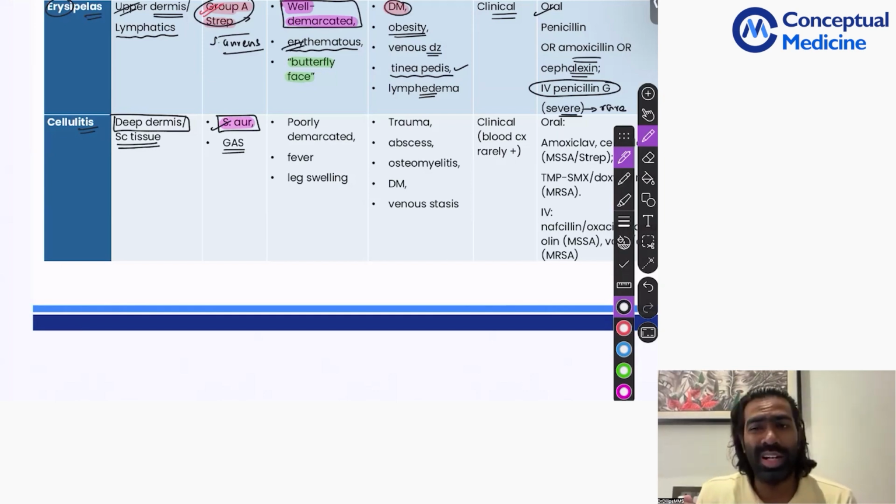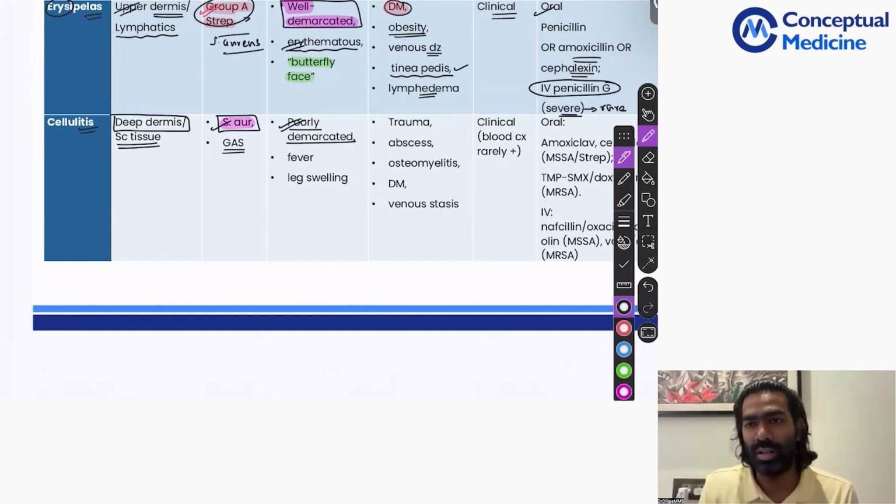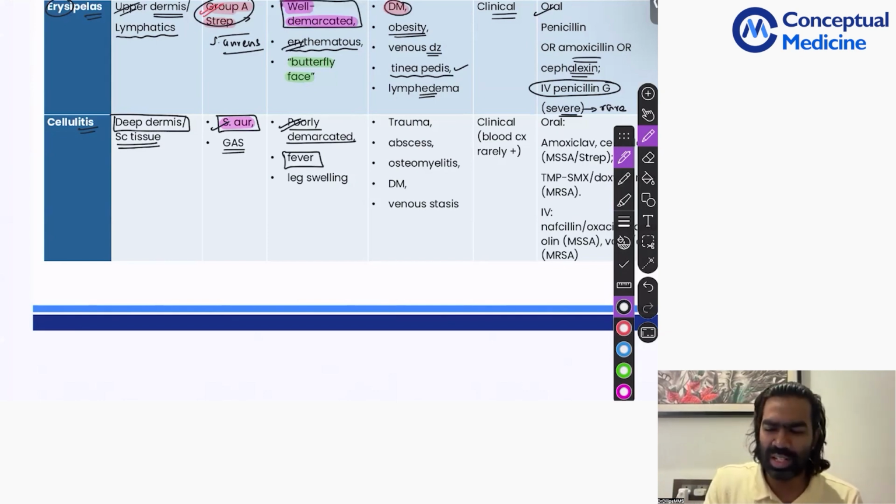So the most important clinical difference between erysipelas and cellulitis is that cellulitis is going to be more poorly demarcated. It's going to be more diffuse in nature. It's going to affect the deeper parts. So it's not going to be well demarcated. And they're going to have lots of fever. I mean, erysipelas patients can still have fever, but I would say it's more the discomfort and erythema that makes the patient come to the hospital than the fever itself.